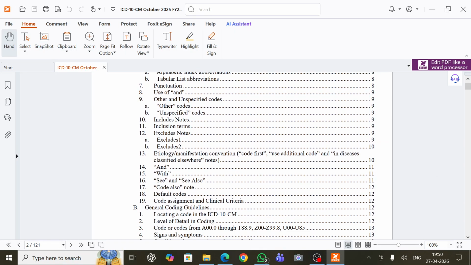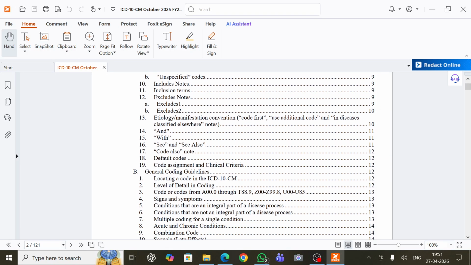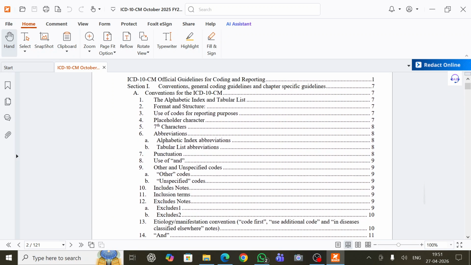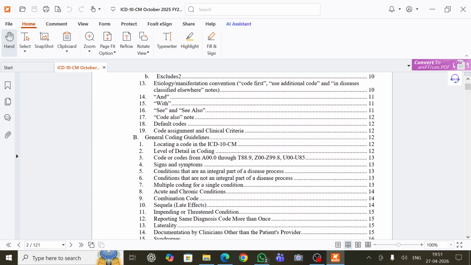We will also see the terms includes, excludes, inclusion, etiology, manifestation, and where to use see also, code also, and default codes. Those are all the terms we will see in part one, the conventions.